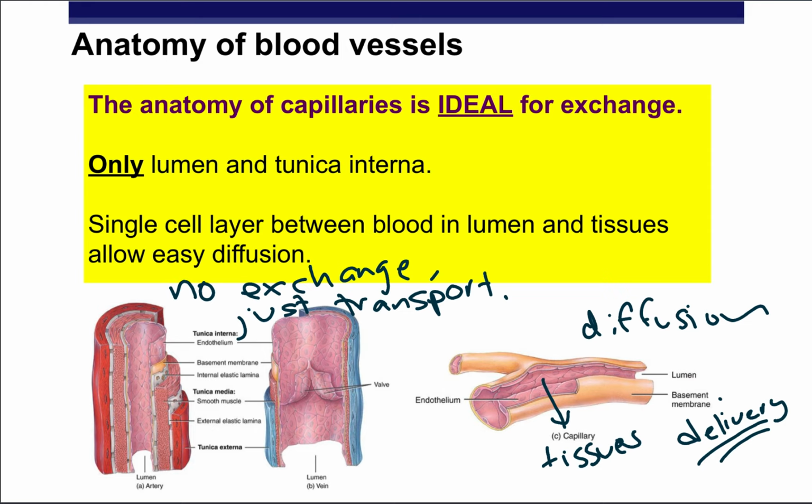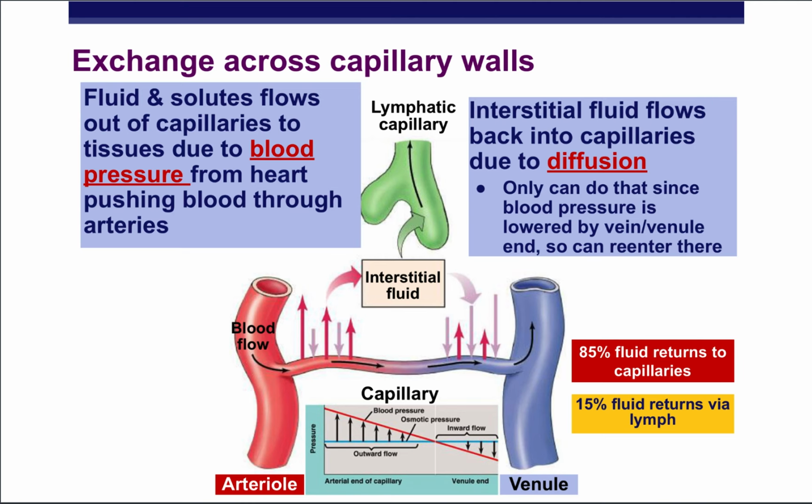It's there for delivery. The way it works is when that blood first leaves the artery and arteriole side into the capillary bed, that blood is fresh. It has the most food, it's the most oxygen rich, and it also has the most blood pressure because it's closest to the heart.